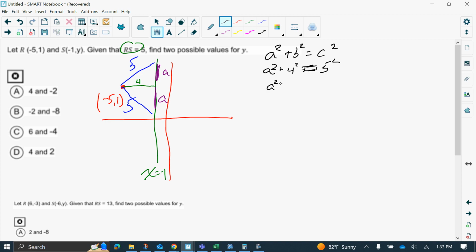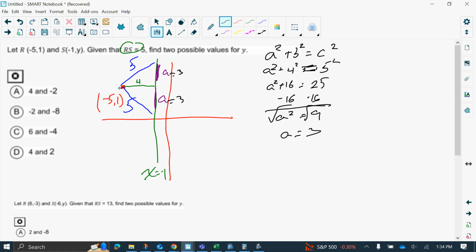And so we've got a squared plus 16 equals 25. Subtract 16. A squared is 9. Square root. A is 3. So a is 3.